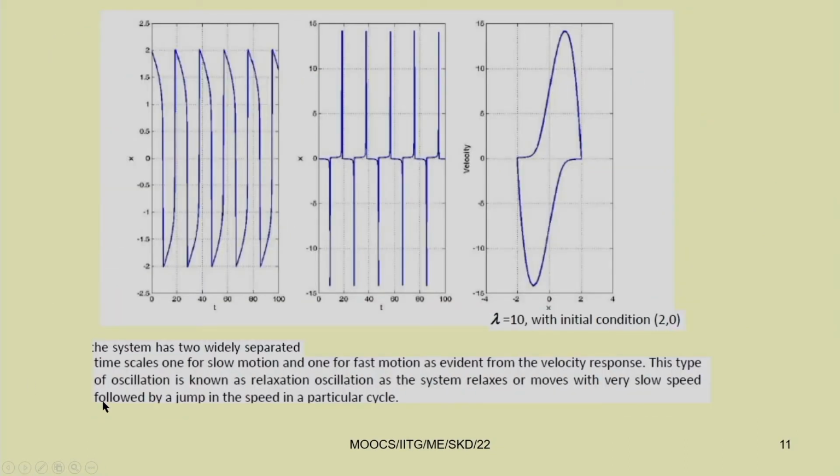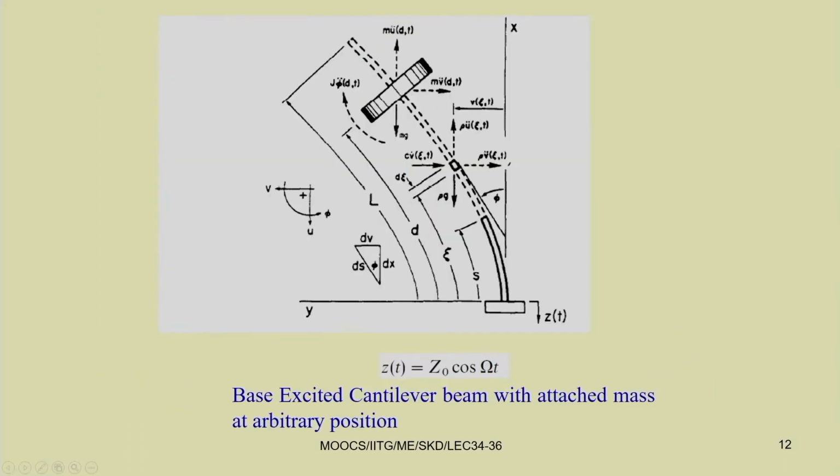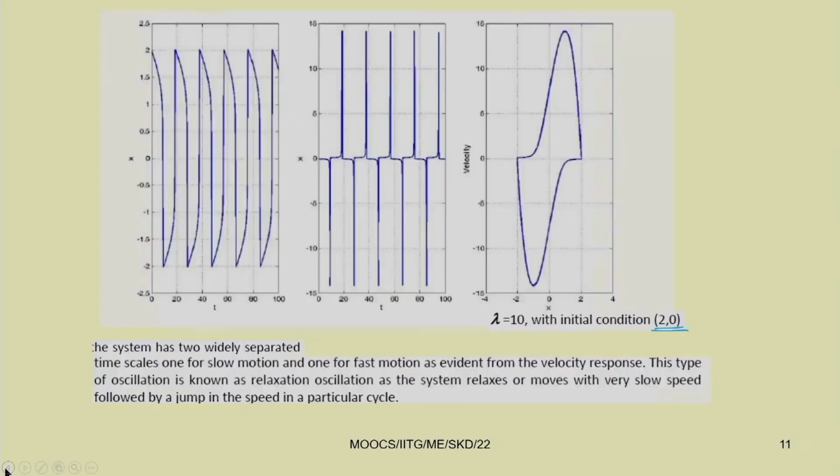Let us take another initial condition. This is the time response plot, this is the velocity, time versus velocity x dot, and this part is x versus velocity, that is displacement versus velocity.